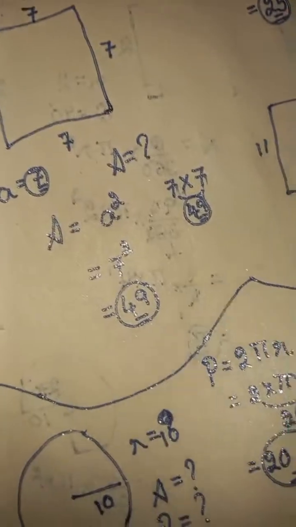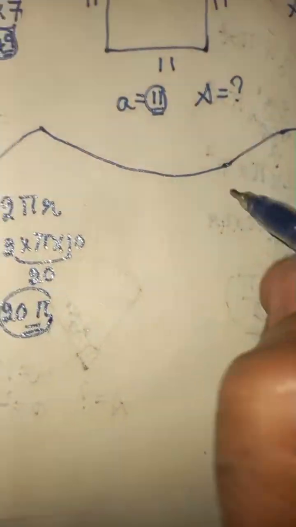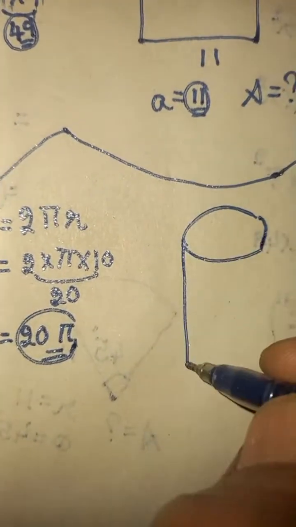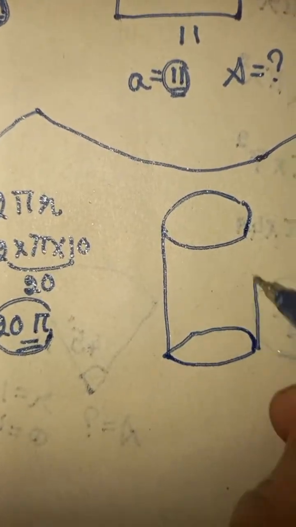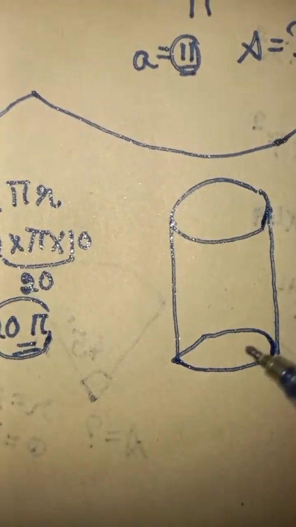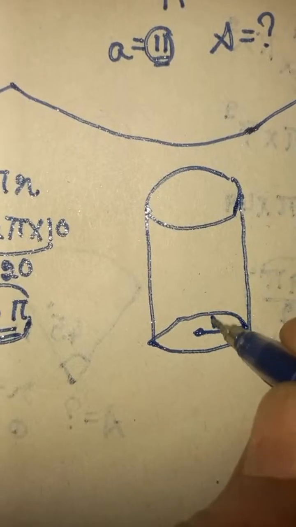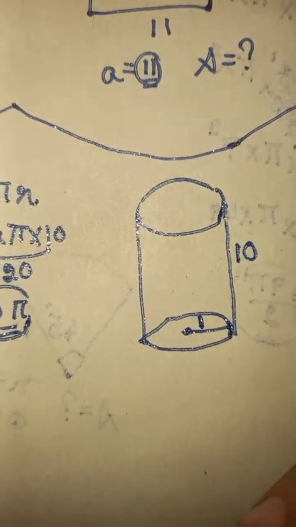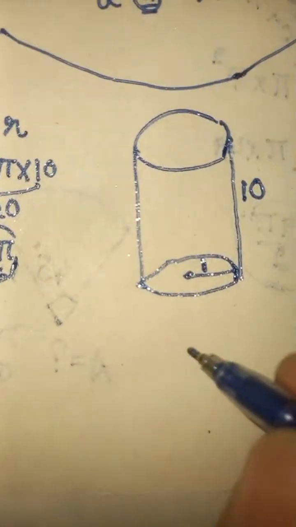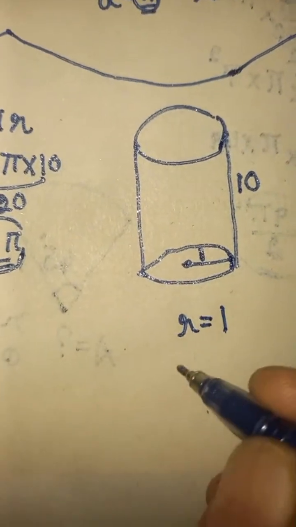Let's take one more problem. Here, they have given a hollow cylinder. In this hollow cylinder, the radius is 1 unit and the height is 10 units. You need to find out the total surface area.